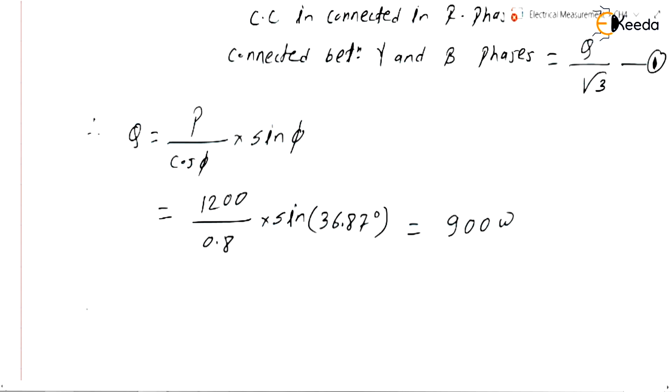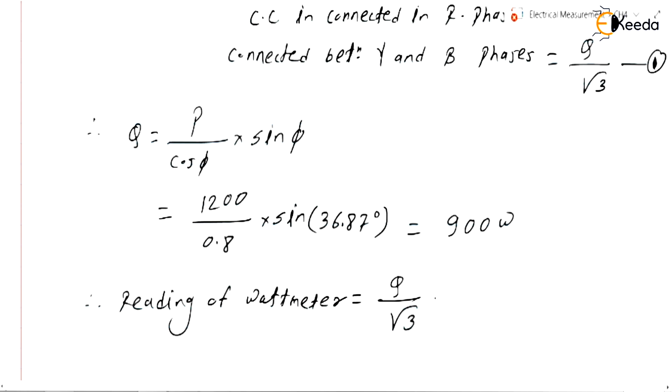Therefore, the reading of the wattmeter is equal to Q upon root 3, which is 900 by root 3. It is 519.6.